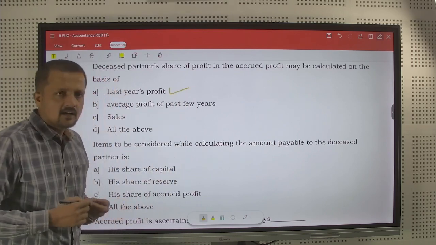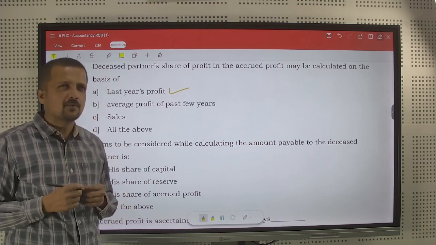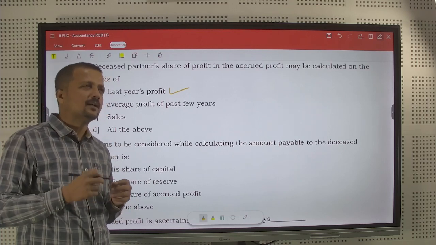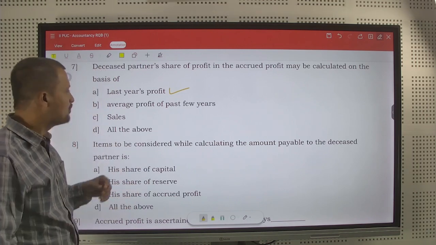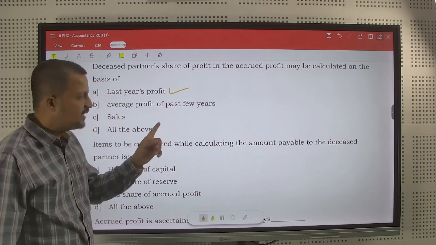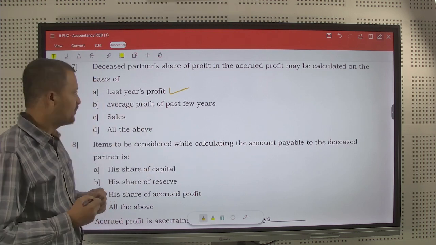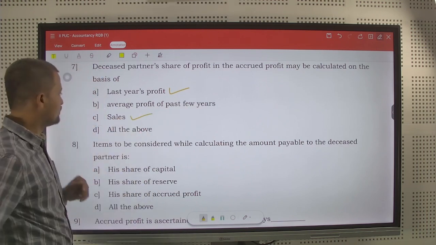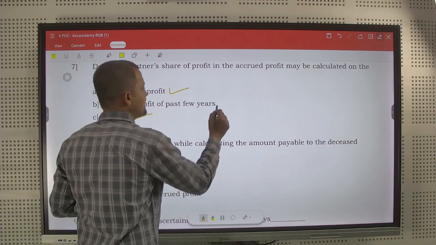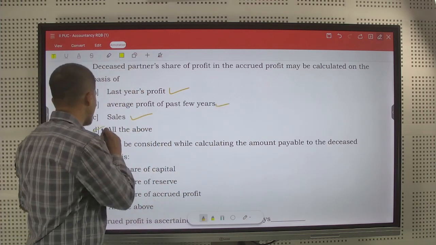It can be calculated on the basis of last year's profit. For this, you need to look at example number 9 or 10, I think the last example in the old question bank, which was based on last year's profit. Then average profit of past 5 years. Also, the answer is all of the above.